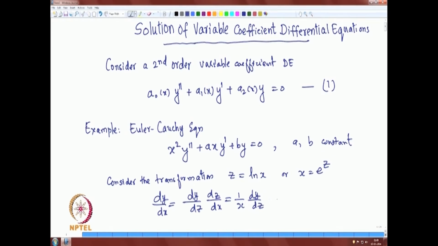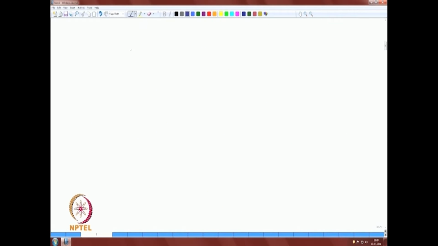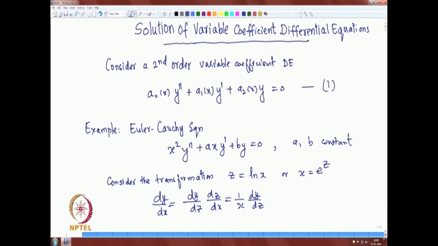Now if we find the second derivative, d square y by dx square is nothing but d by dx of dy by dx. We apply the rule stated just above: differentiating a function with respect to x is equivalent to 1 by x into differentiating the function with respect to z.